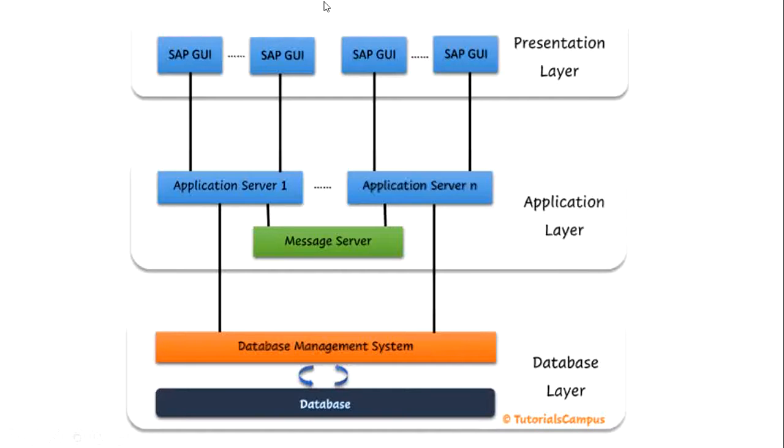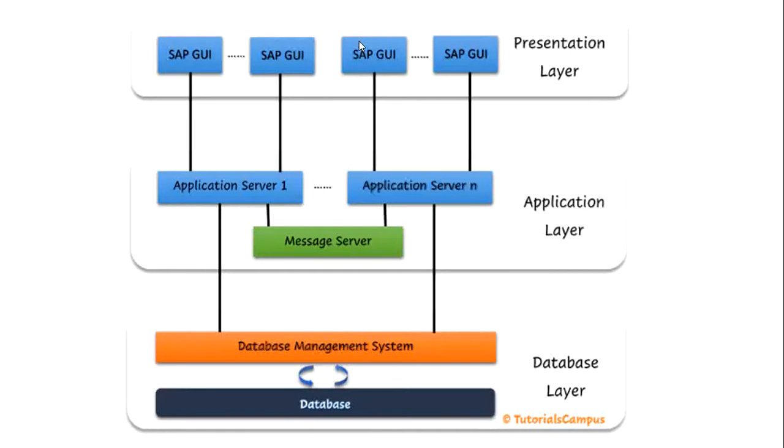Now this presentation layer receives the data from the input device and sends it to the application server, which is your second layer in the architecture, to process the data further, and it is responsible to receive the processed data from the application layer and send the same to the device where the result requires to display.